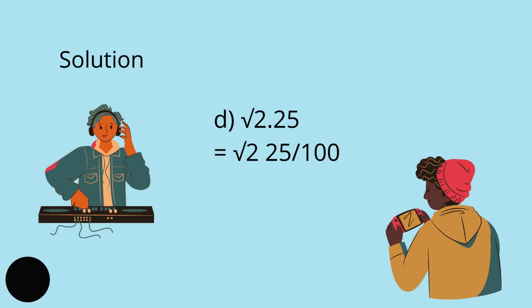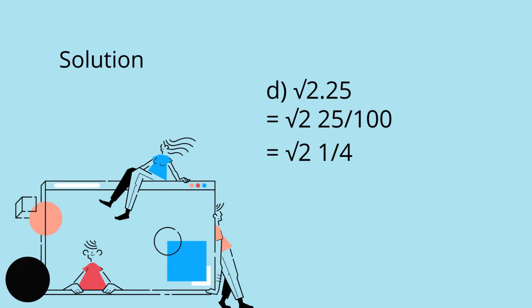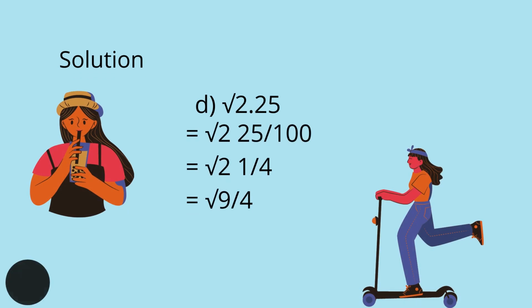D. Square root 2.25. We cannot find a square root using a decimal, so we convert it to a fraction. It becomes 2 and 25 over 100. Because 25 and 100 can be divided by 25, 100 divided by 25 is 4, so we get 2 and 1 over 4. Then we convert 2 and 1 over 4 to an improper fraction. 2 times 4 is 8, 8 plus 1 is 9.